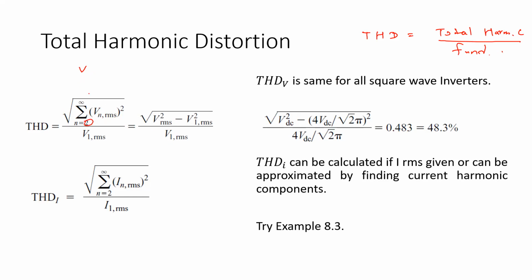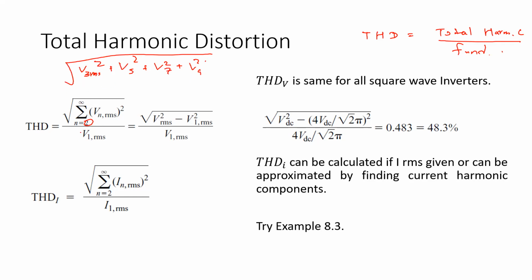Please remember that we are not taking the fundamental in the total harmonic voltage. So this will start from V3 RMS, V5, V7 plus V9. So that's how you find the voltage harmonic content.